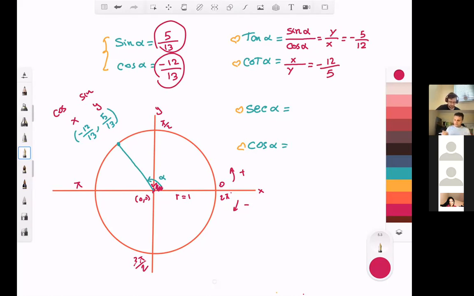Good. What is secant of alpha? Secant is 1 over cosine of alpha, which is 1 over negative 12/13, equal to negative 13/12.